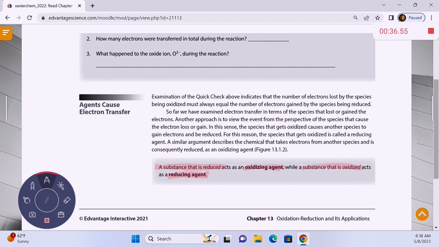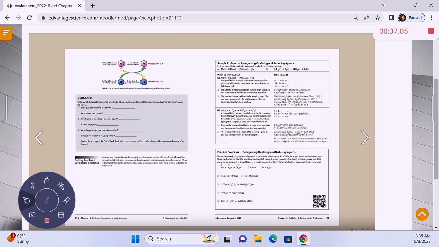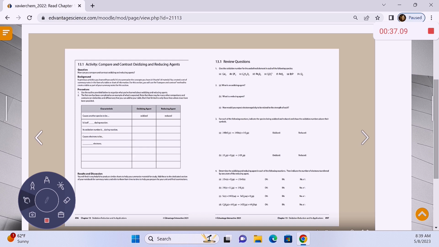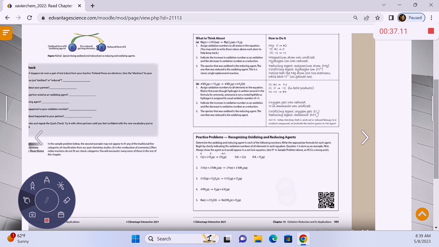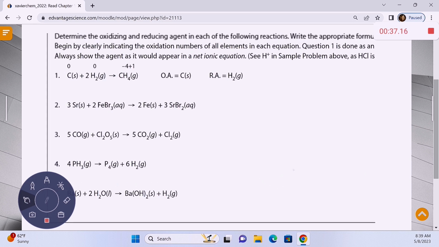Okay, so the last page, we turn over. Let's take a look at these practice problems right here. Okay.